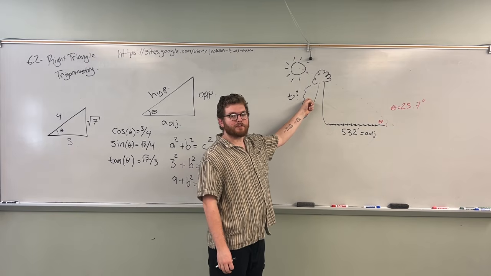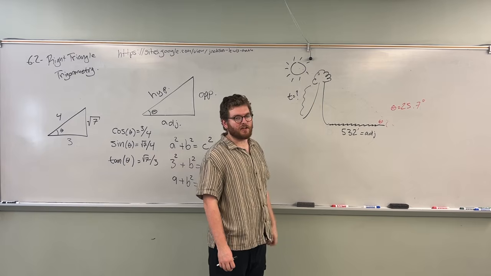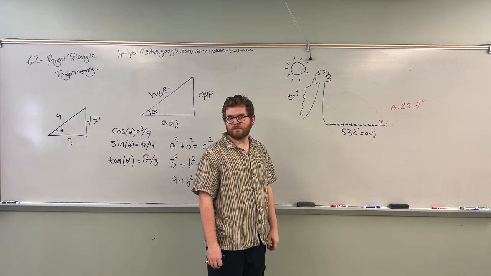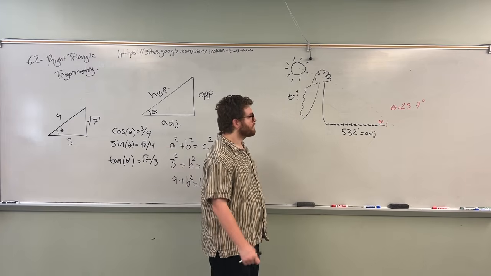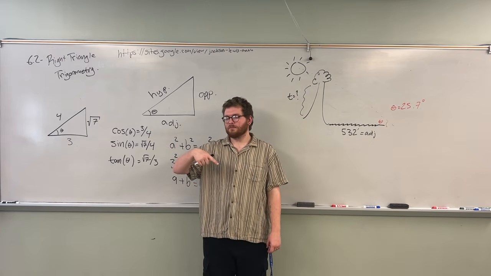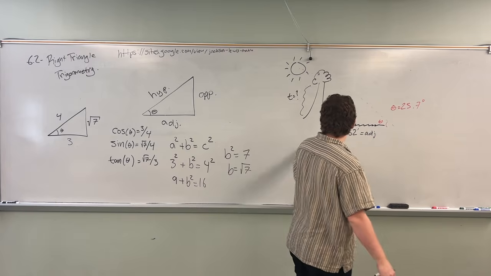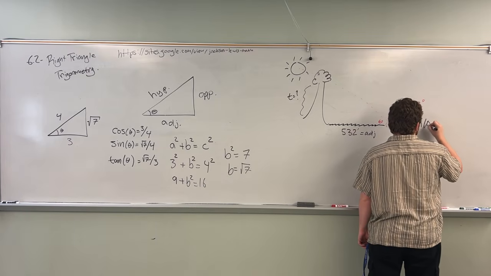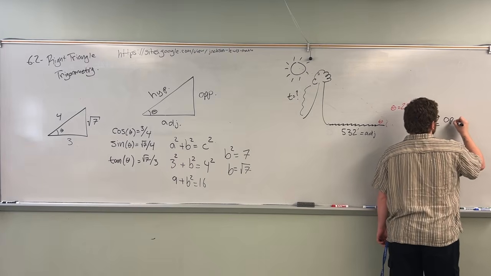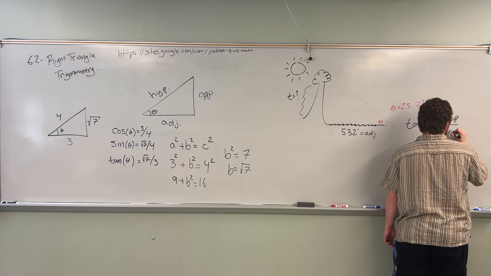Which function has both the adjacent and the opposite side in it? Tangent. Cosine has hypotenuse in it. Sine has opposite, but then you have hypotenuse there. So we have tangent of theta equals opposite over adjacent.